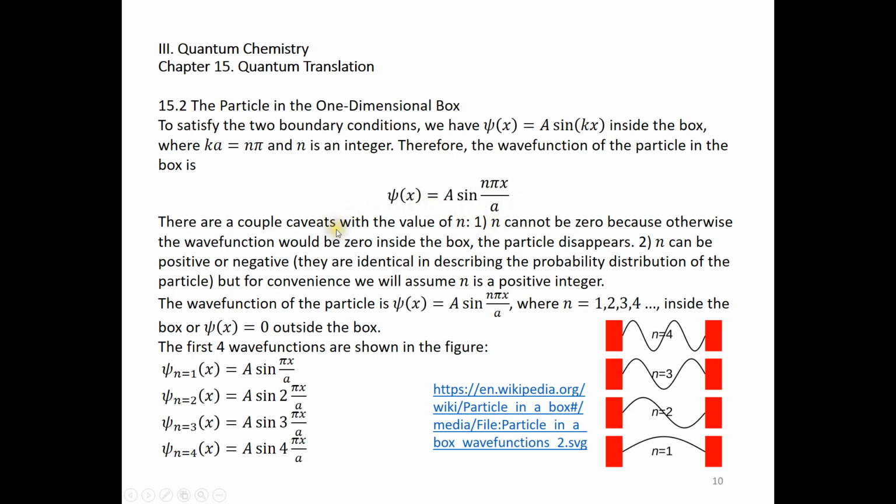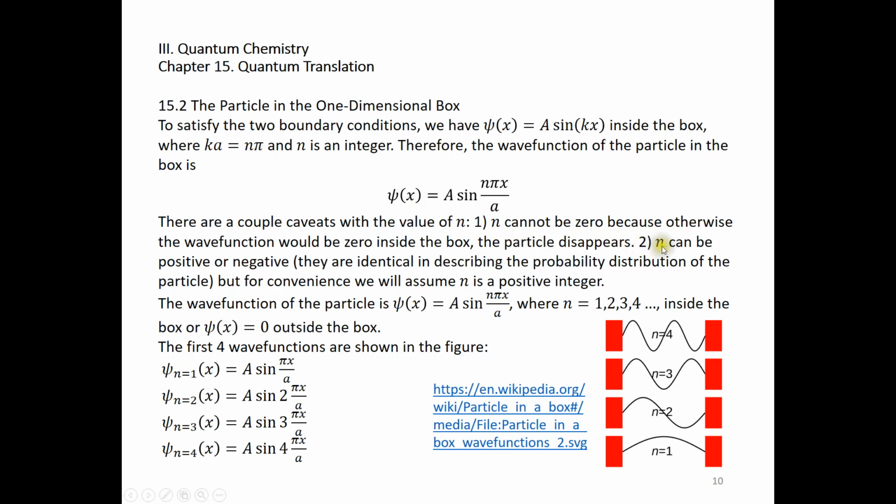There are a couple caveats with the value of n. So first, n can never be 0, because if n is 0, we're looking at sine 0 inside the box, and psi is then 0. That means the particle disappears. There's a 0 probability of finding the particle inside the box.